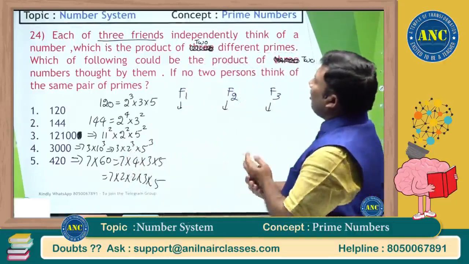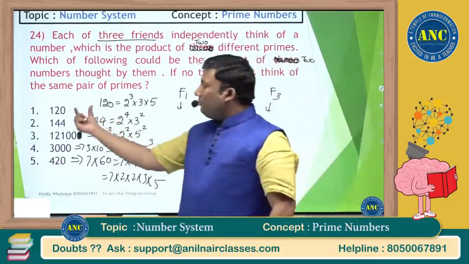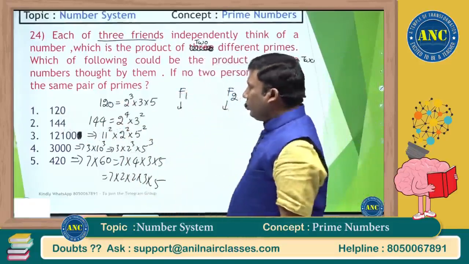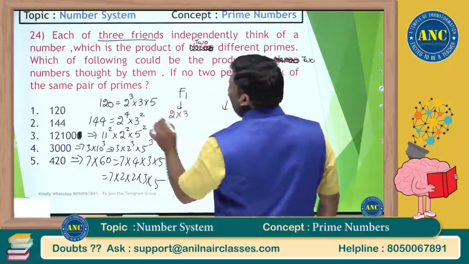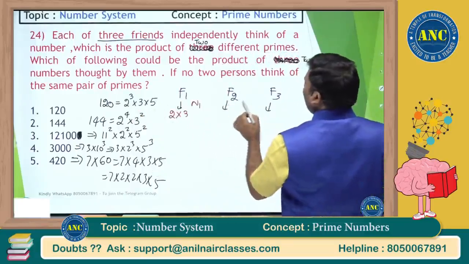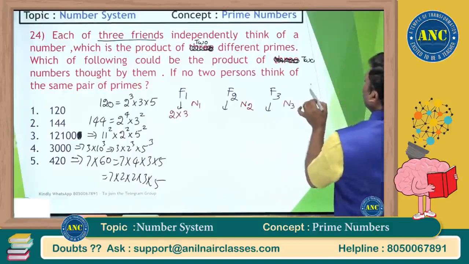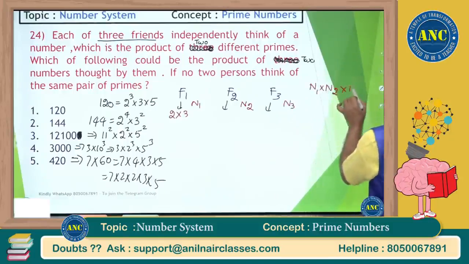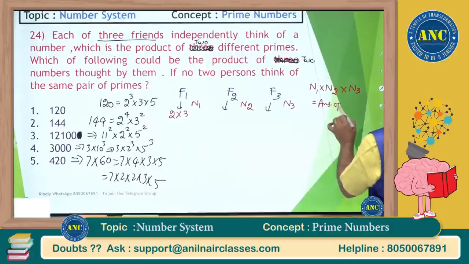Each of friends think of a number which is the product of 2 different primes. Suppose if I take 120, 120 is 2 cube into 3 into 5. Suppose he thought about a number n1, he thought about a number n2, he thought about a number n3. n1 into n2 into n3 is there in the answer option.